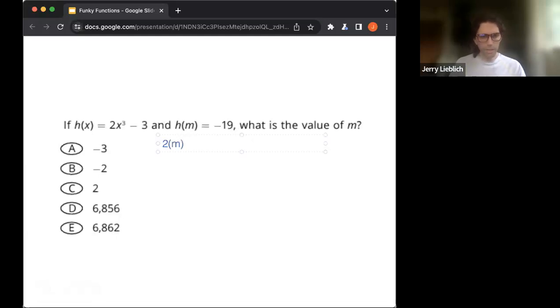So 2m cubed minus 3. And they tell me that equals negative 19. Great. So 2m cubed equals, I'm going to add 3 to both sides, negative 16. Let's divide both sides by 2.